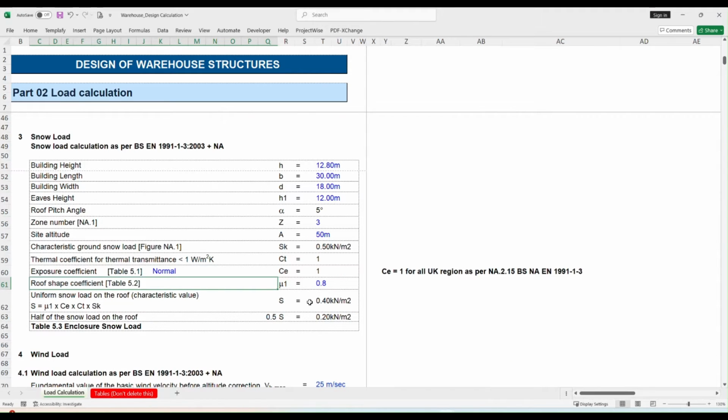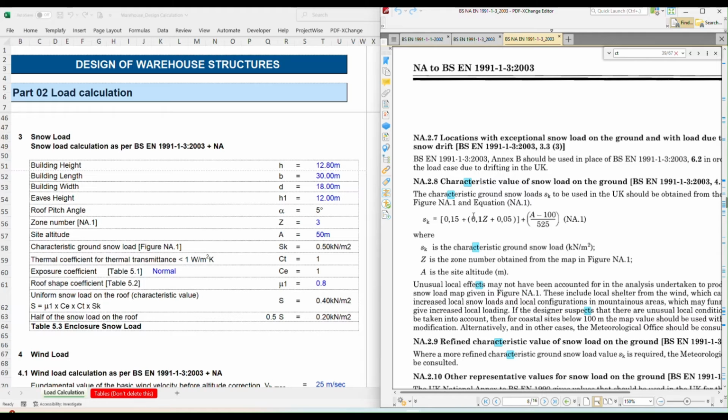In order to calculate the uniform snow load on the roof characteristic value, we have two formulas. Here on the screen you can see that this equation is as per the National Annex: Sk equal to 0.15 plus 0.1Z plus 0.5. Here A is the altitude, which we have as less than 100 meter.